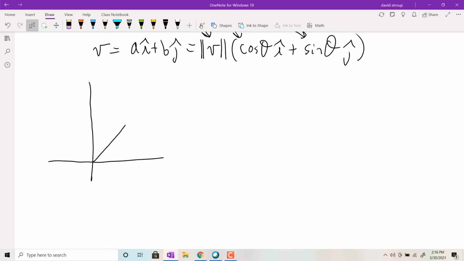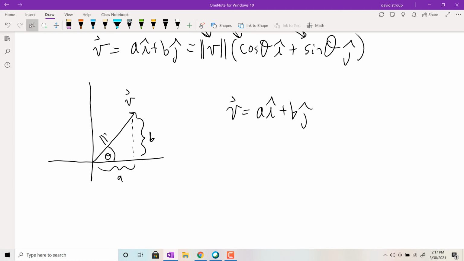So you'll have a vector in the plane. This is our vector v. Oops, I should put a little arrowhead on that. And we could describe it with these components in terms of the standard unit vectors, ai plus bj. So this distance on the x-axis is a, this distance on the y-axis is b, and then we could describe it in terms of this angle and the distance of vector v, which is given by the magnitude.